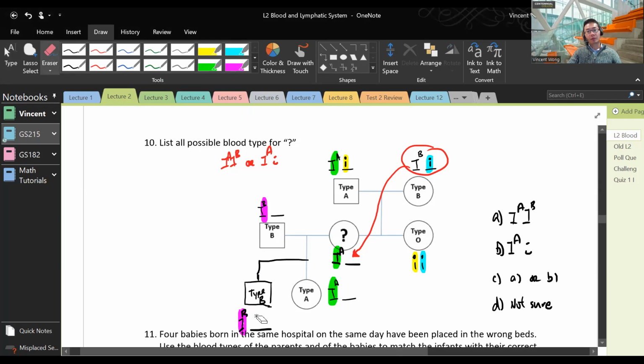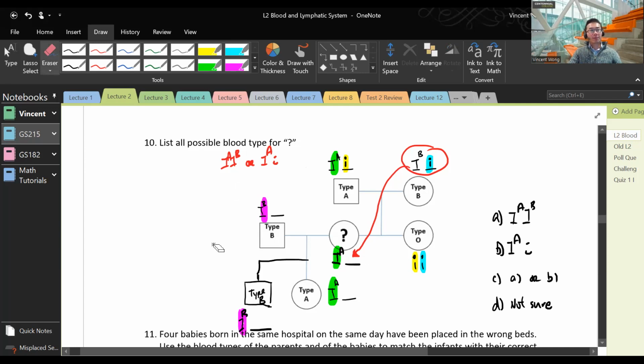They would either have to inherit an IB or a small i. Whether they inherit an IB or small i from the mother, it would not change their blood type. In other words, we still cannot decide whether the mother is IA IB or IA small i, because both cases will result in a type B child. So even if this is the case, these are still the possible blood types.